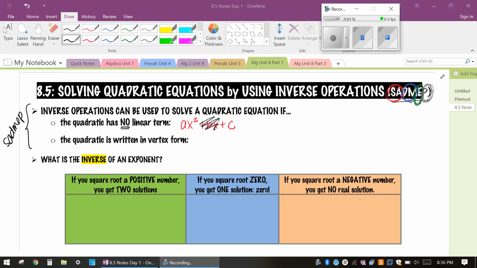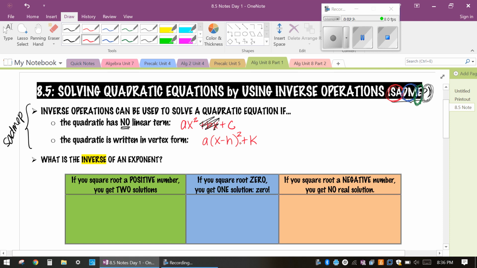Now, if your quadratic is written in vertex form, it looks like this. If you see parentheses of a binomial that's squared, either with numbers added or subtracted or numbers multiplied in front, that's called vertex form.